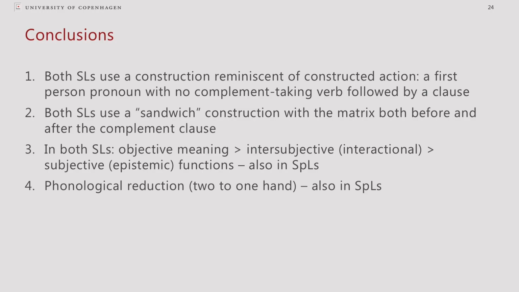So to conclude, both sign languages use a construction reminiscent of constructed action. A first-person pronoun with no complement-taking verb followed by a clause. Moreover, both sign languages use a sandwich construction with the matrix both before and after the complement clause.